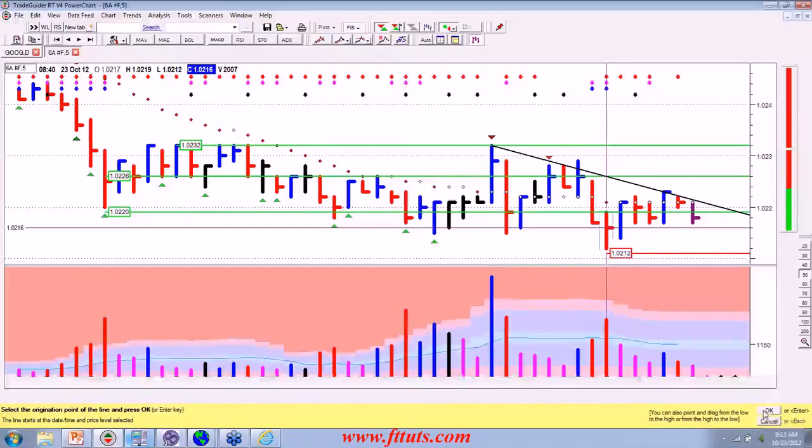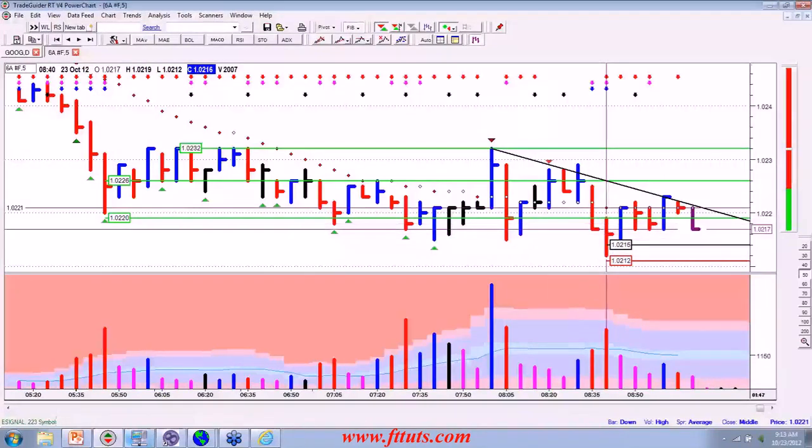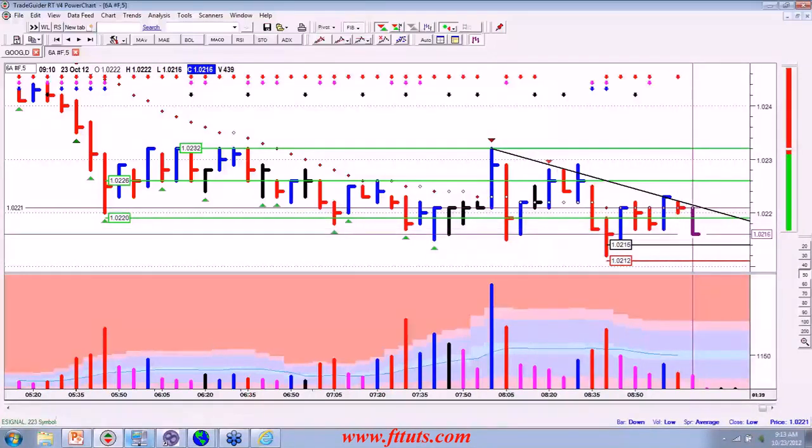Does the chart make sense? It's a language, remember. It's telling me things. And it's saying, I've rejected the upper line here. I've tested it. At the moment, the test is failing. Where can we get to here? What do we want to see? We want to see an increase in volume on a down bar closing on the low through 1.0215.